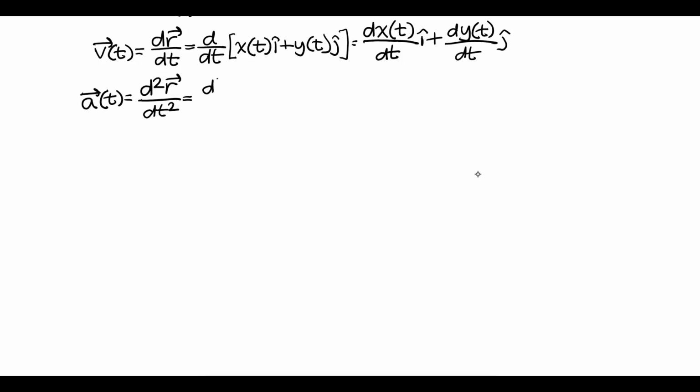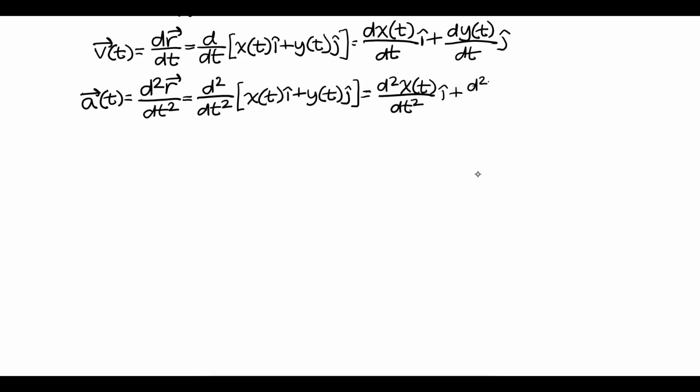So that's just the second derivative of x of t i plus y of t j. And we get the second derivative of the x function with respect to t, i, plus the second derivative of the y function with respect to t, j.